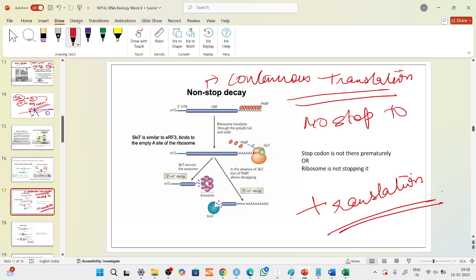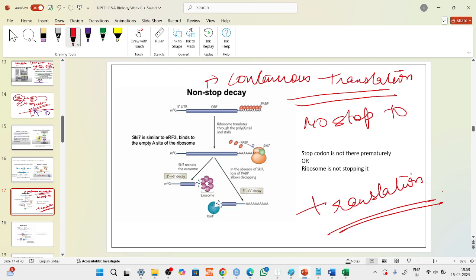What happens if Ski7 binds to the ribosome? Its coming recruits the exosomes and it starts decaying. Or what happens if Ski7 is not there? Then there is a loss of poly A binding protein, which allows decapping.